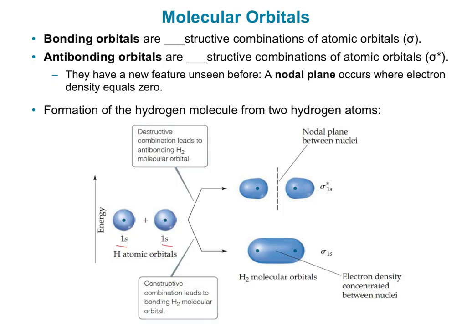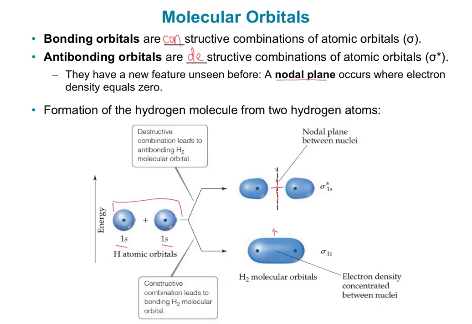When we bond, we have constructive combination, where we add the orbitals together. But we also get anti-bonding orbitals, the destructive combination, where we subtract the orbitals. What you get when that happens is a nodal plane, a break where no bond can form.